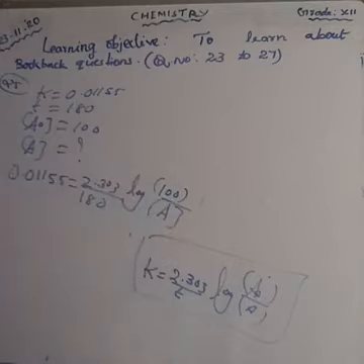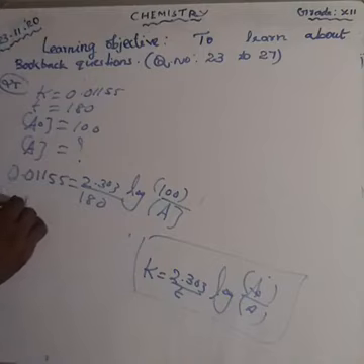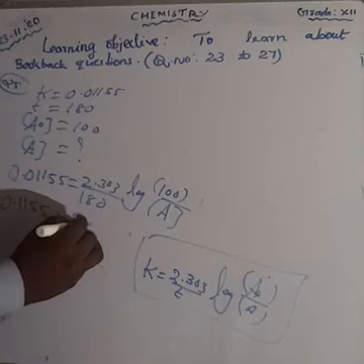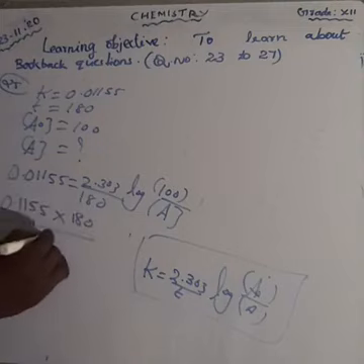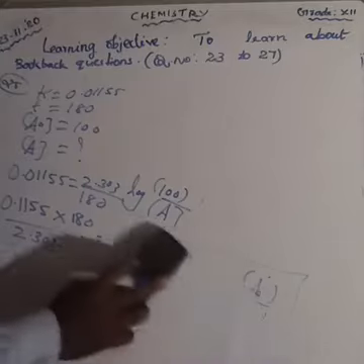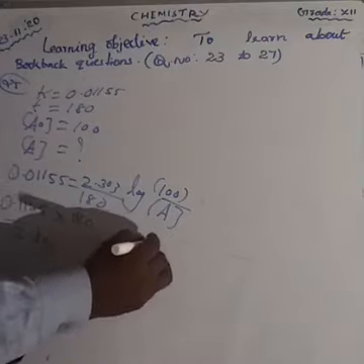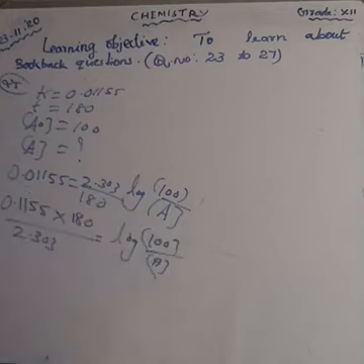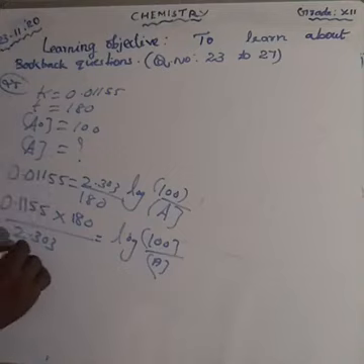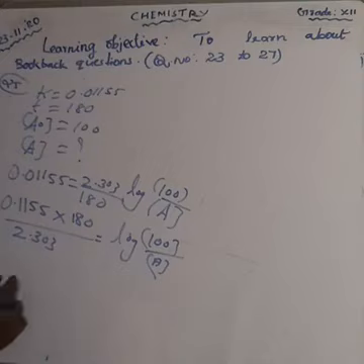So anyhow, we should multiply this. As per the cross multiplication, 0.01155 into 180 divided by 2.303 is equal to log 100 divided by A. Multiplying, 0.01155 into 180 is approximately equal to 2.079.